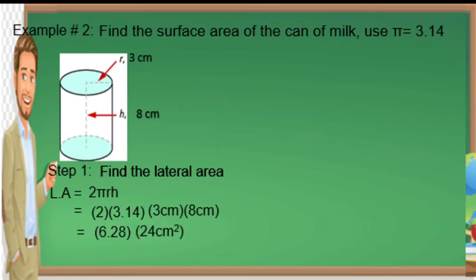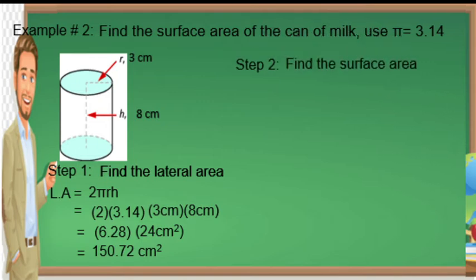And then, once you multiply 6.28 by 24 square centimeter, that will become 150.72 square centimeter. So, that is the lateral area. This time, let's get the surface area. Again, the surface area is equals to the lateral area plus 2 multiplied by the area of the base.